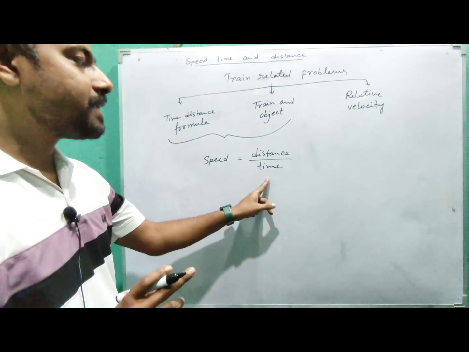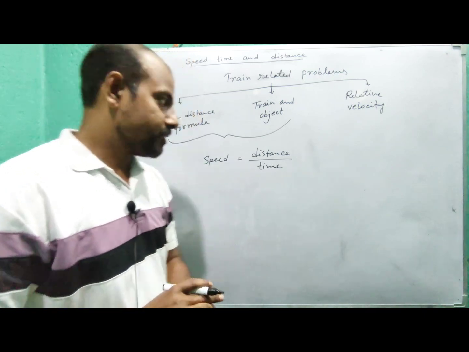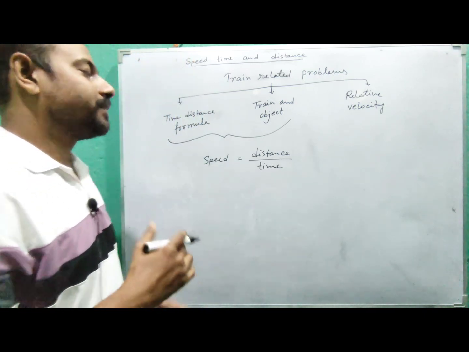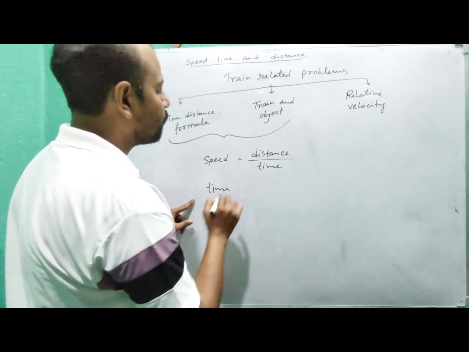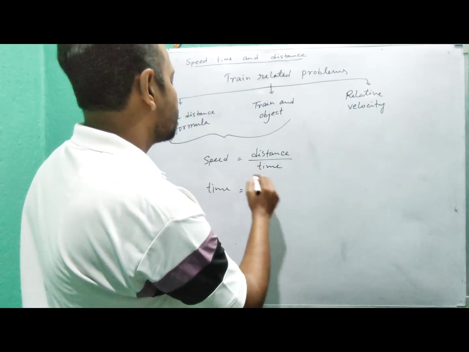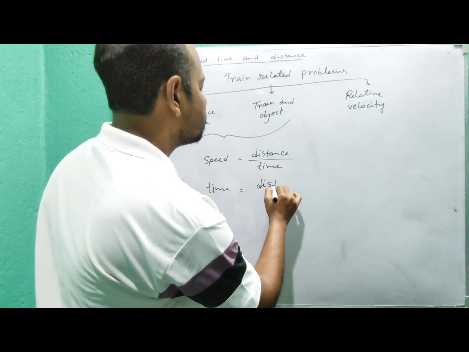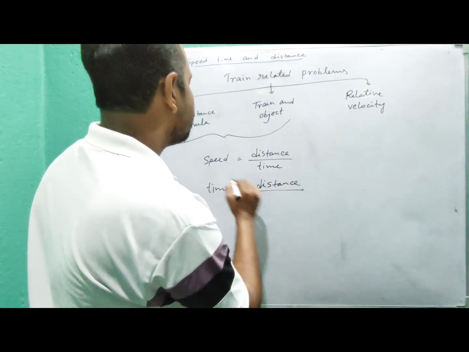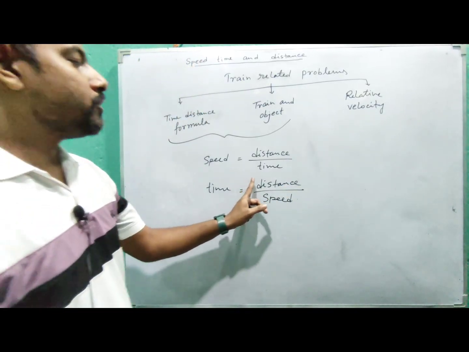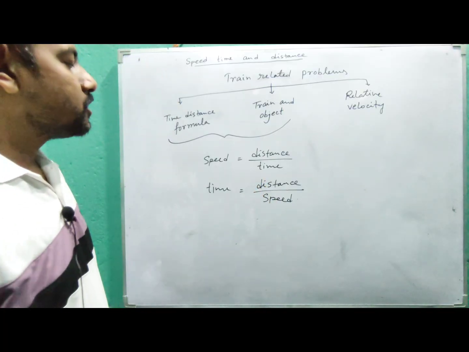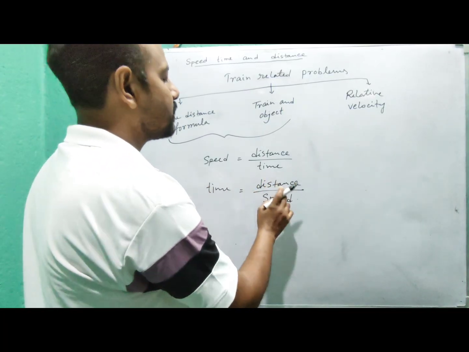The product of speed and time is equal to distance. If they ask for time, then we have to divide the distance by speed. Time equal to distance by speed.